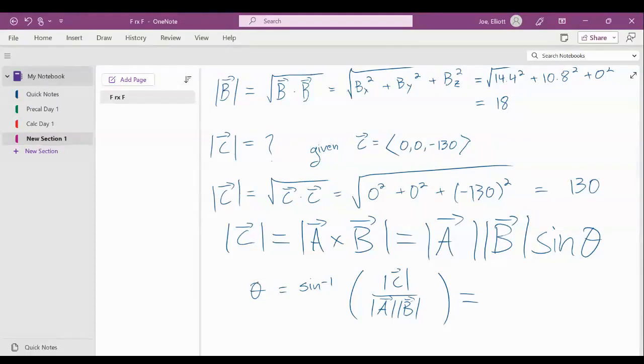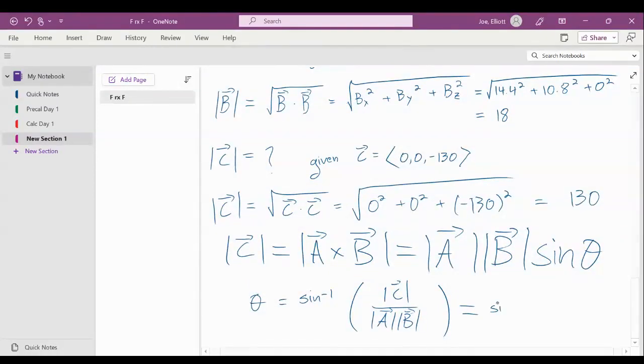What is sine inverse of 130 over 18 and 12? Make sure for this problem, when you find the sine inverse, that your calculator is in the right mode for the question. Usually it's radian, but for now we're doing degrees.